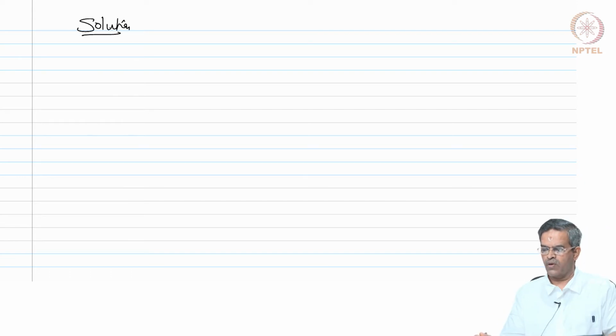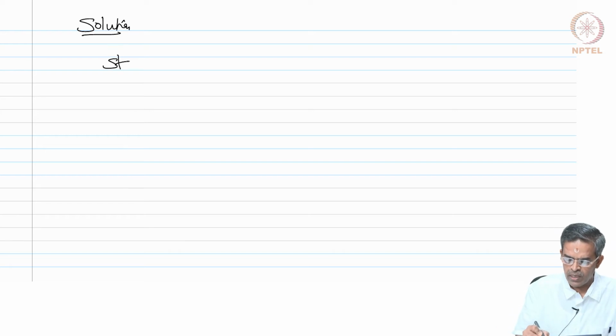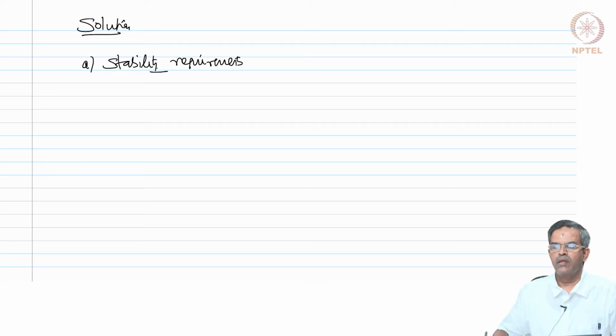First, let us try to find out the stability requirements. So, we will use the DNV recommended practice C202 code.